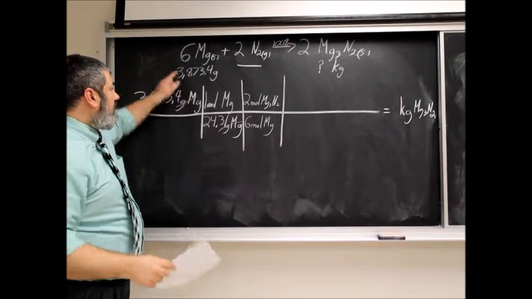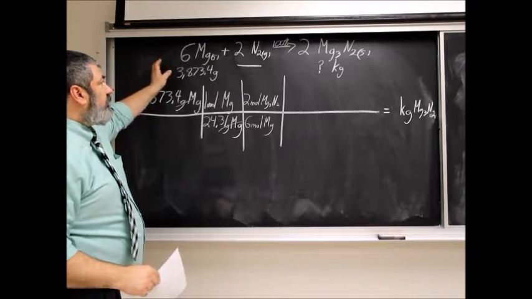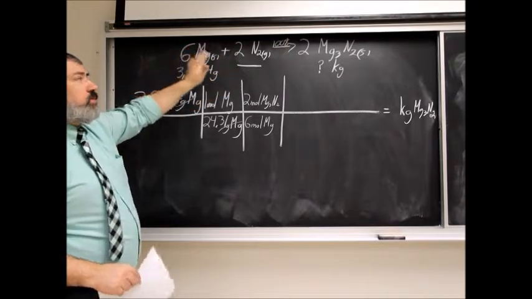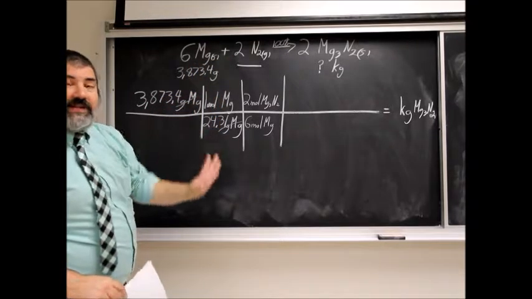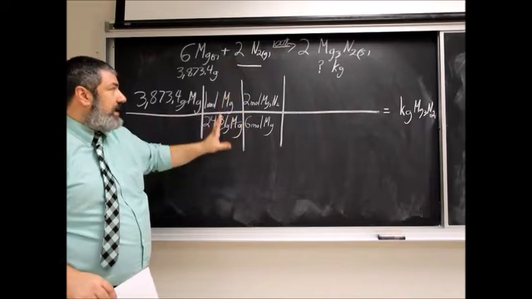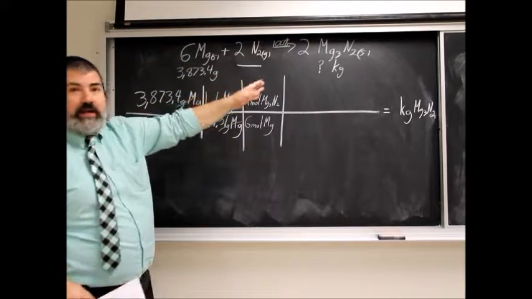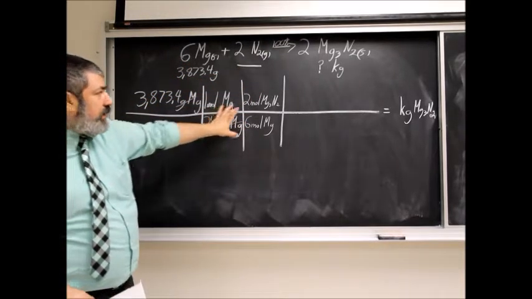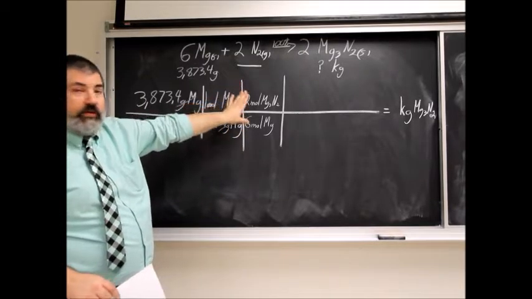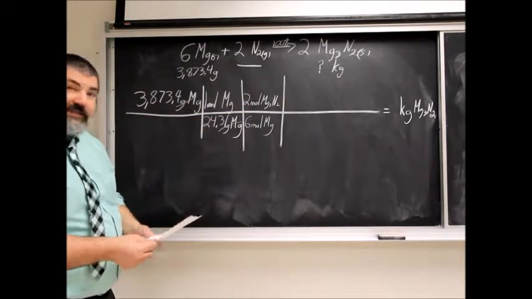Now, when I wrote this equation, I basically scaled this up by a factor of 2, 6 to 2 to 2. It should be 3 to 1 to 1, but mathematically, it's not going to make any difference. 6 divided by 2 is 1/3, right? In other words, I could have scaled this up to 60 to 20, and it would have no effect because this would stay the same from a mathematical point of view. If I divide through, it's the same ratio.